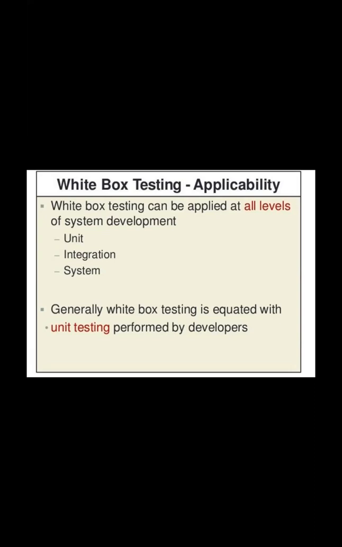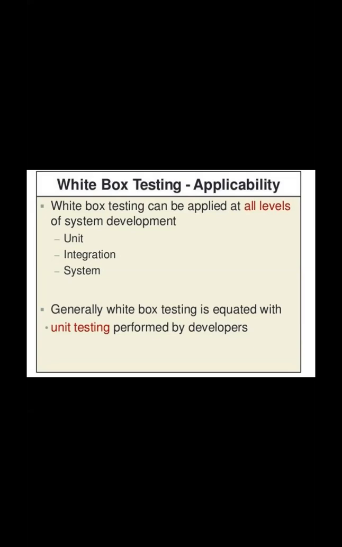If you have 5 modules or 5 units in your project, we'll perform 5 unit tests. Once all 5 unit tests are over, we will integrate modules 1 and 2, 3 and 4 and 5, and put them together. While connecting the modules, we'll perform the integration testing.